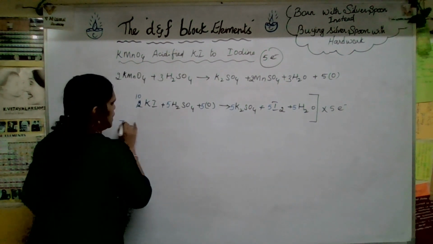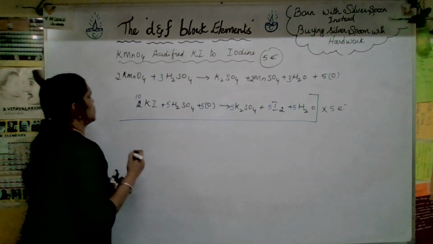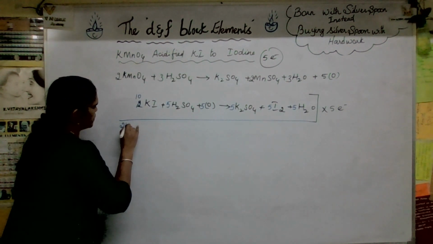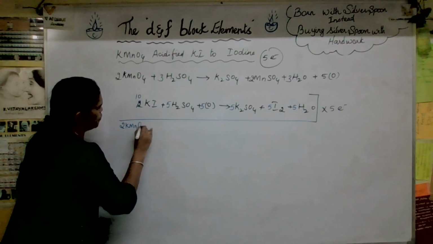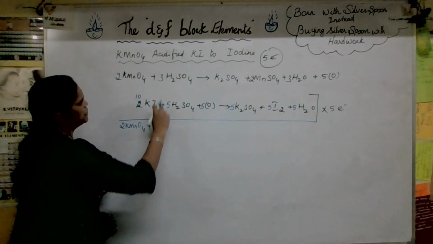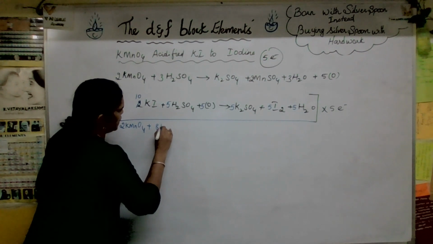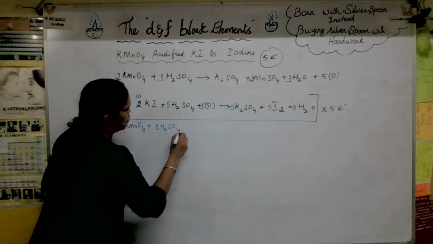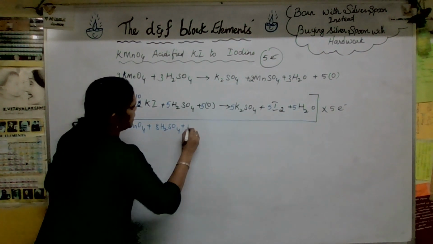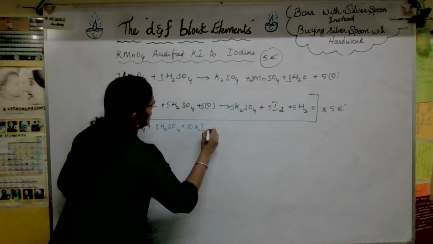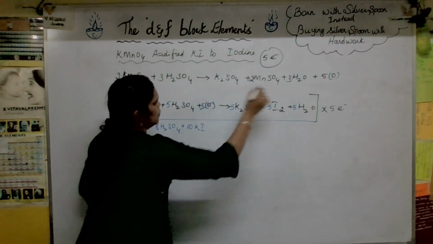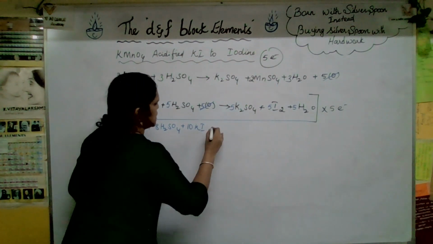Right? Okay. Now let us write the complete equation. So 2 KMnO4 plus 8 H2SO4 plus 10 KI. This 5 O and this 5 O will be cancelled. Right?